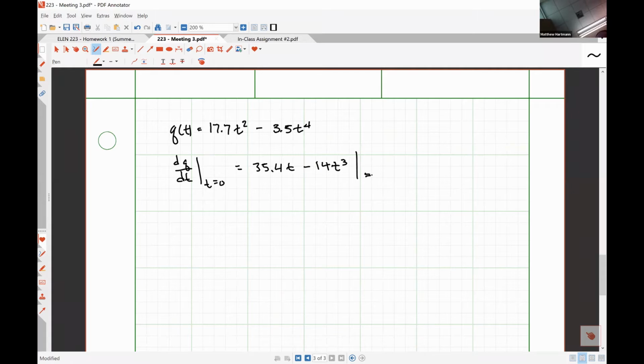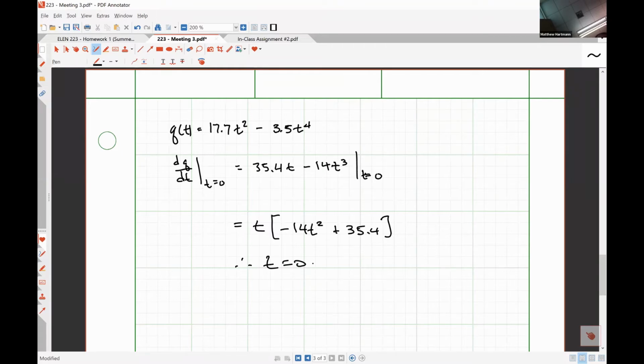And we're solving this for when it is equal to 0. So we can factor it some. There's a common factor of t. So that would be t times negative 14 t squared plus 35.4. Obviously one of our solutions is t equal to 0, but that solution does not fit our interval of t greater than 0 and less than 4 seconds.